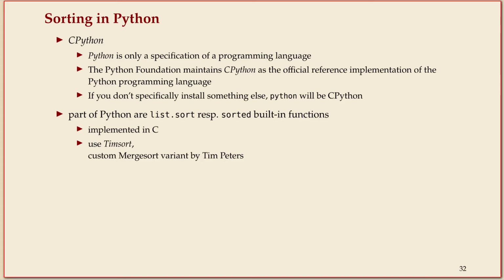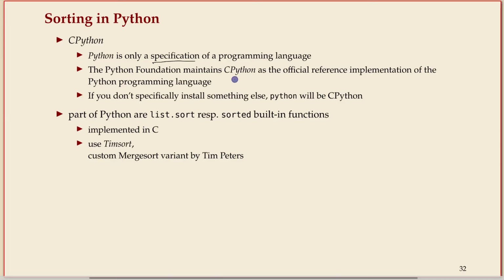So first of all, just to get the name straight, when people say Python, they often mean the program that you run, or they mean the reference implementation, but these are technically different things. So Python is just a specification. It's one long document or a website that tells you something about an eponymous programming language and how that is supposed to work, but it's not something you can run. It's not a program.